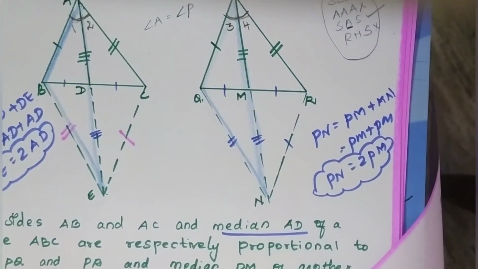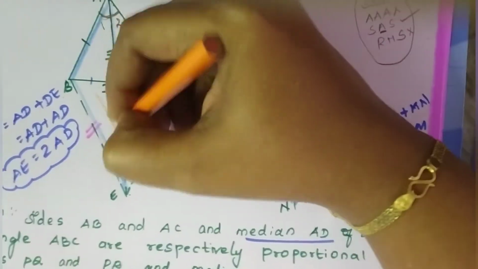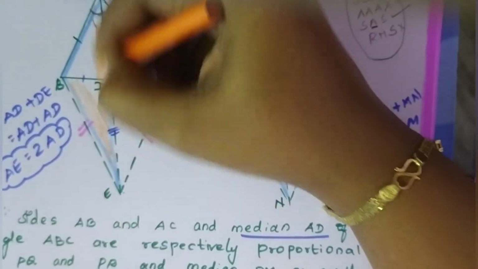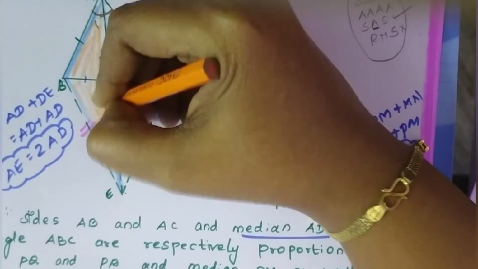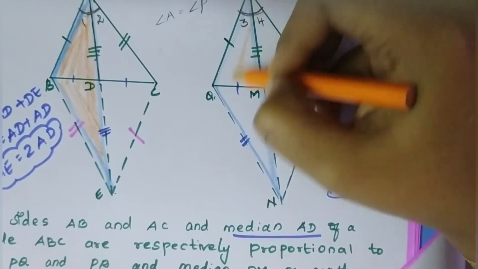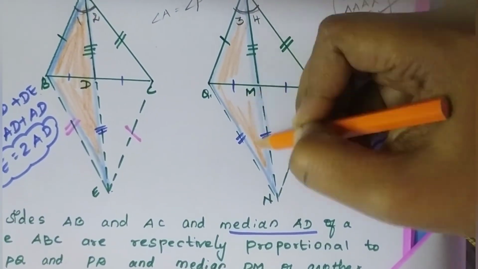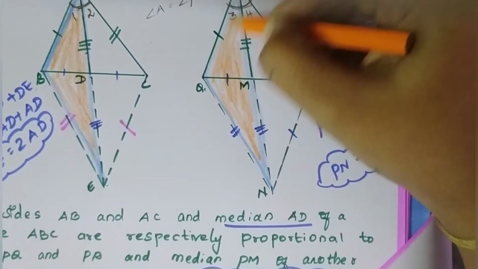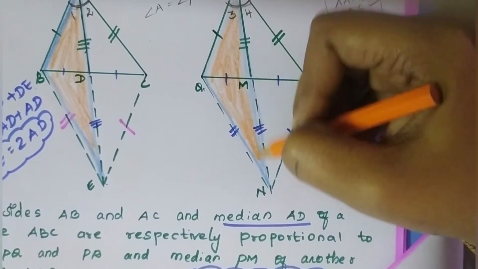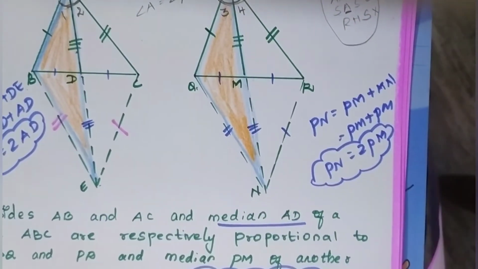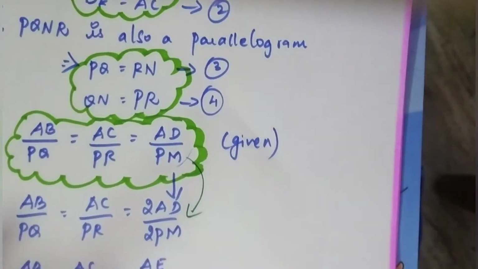So which triangle can we tell is similar? This full triangle ABE. Clear? Here, PQN. That only I am going to write here.